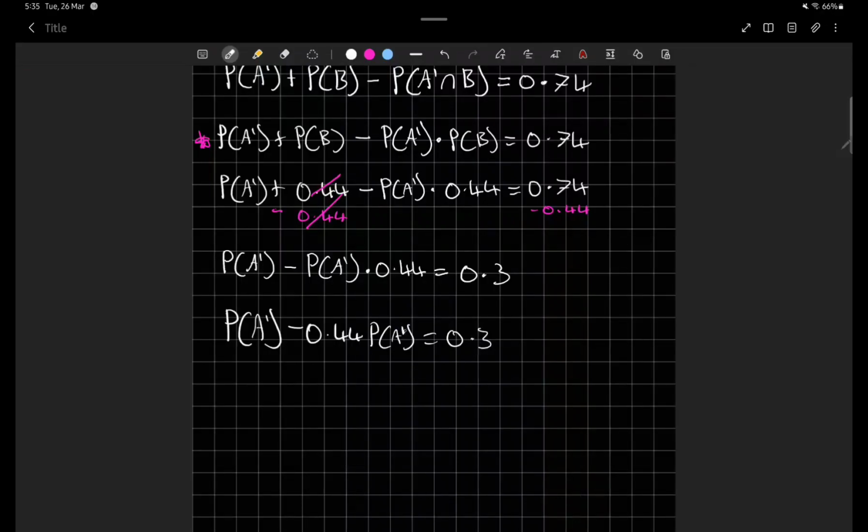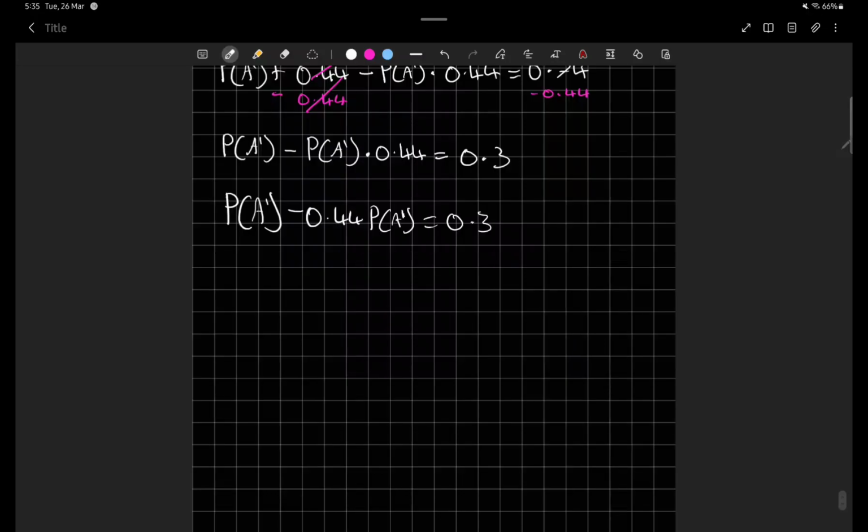That dash there indicates that it is not A, everything but A. And that's great because now you have P of A complement minus another factor of P of A complement. Think about this as 1. 1 minus 0.44 is 0.56.